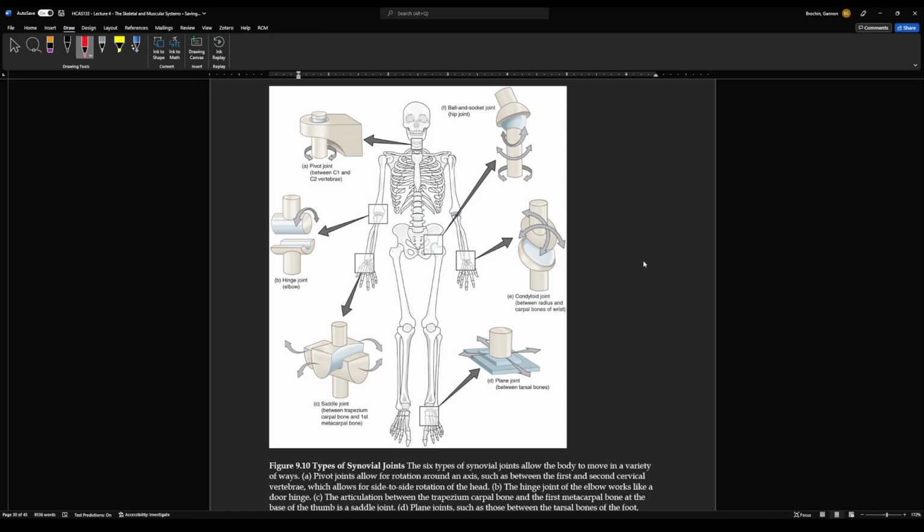Hinge joints, we have 2 really, really big ones that everyone knows of, our elbow and our knee. Those 2 joints look a little different, but embryologically, our legs are actually a reversed version of our arms.